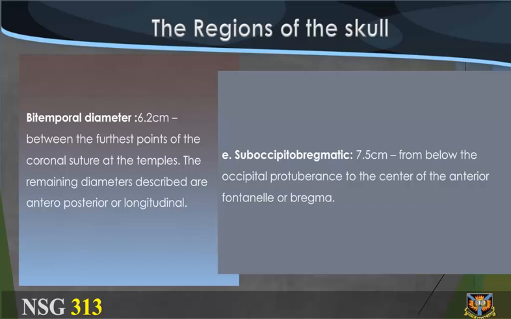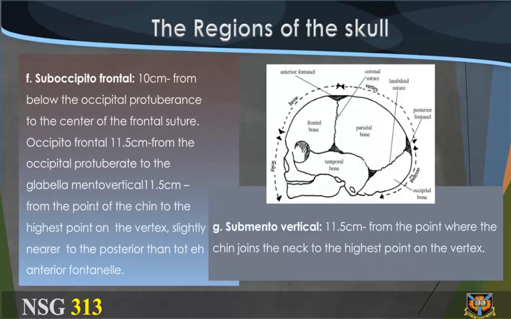The remaining diameters describe the anterior-posterior, or longitudinal. Suboccipital bregmatic, 7.5 cm, from below the occipital protuberance to the center of the anterior fontanelle or bregma. Suboccipital frontal, 10 cm, from below the occipital protuberance to the center of the frontal suture.